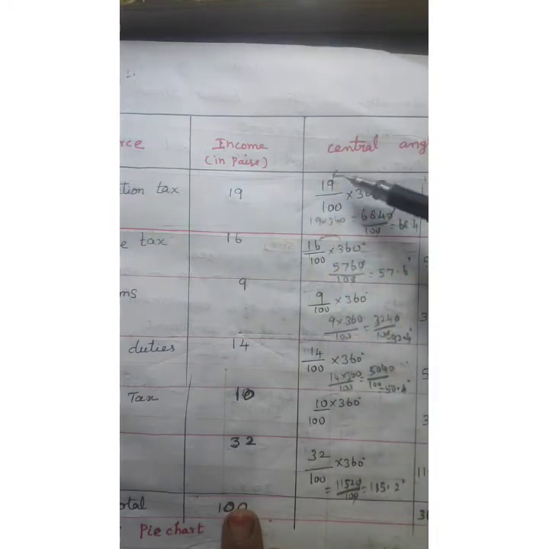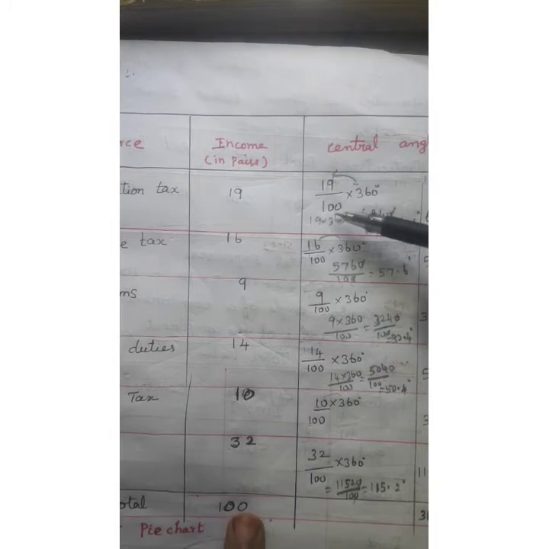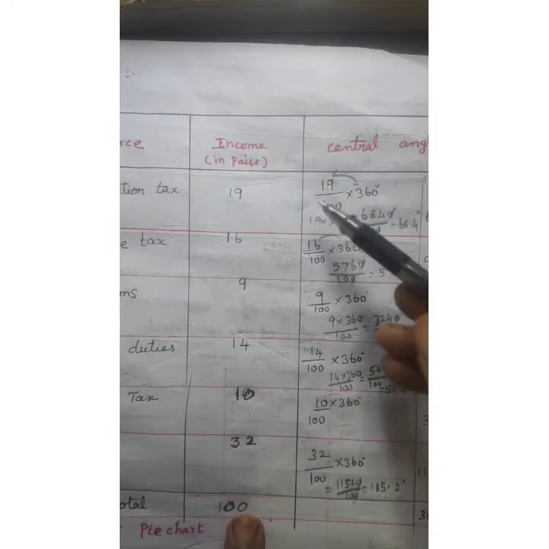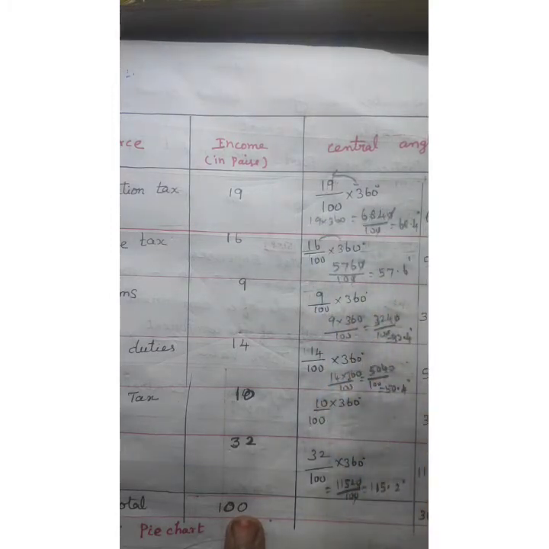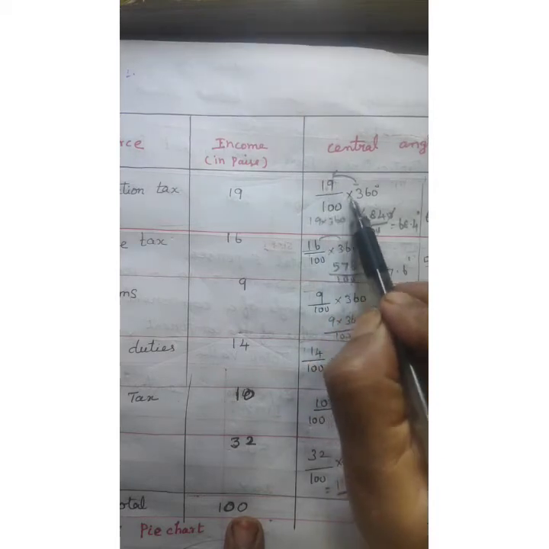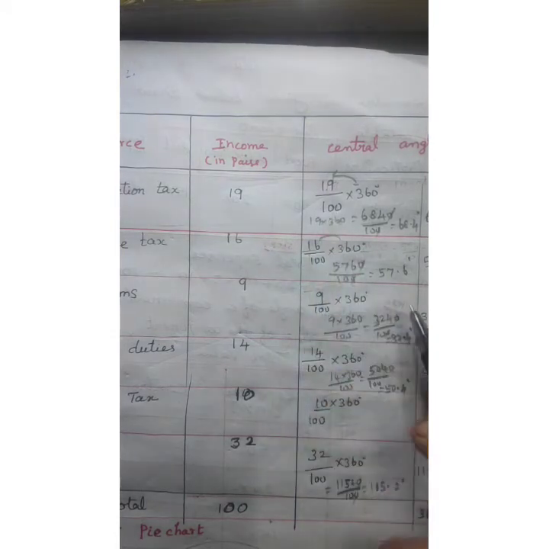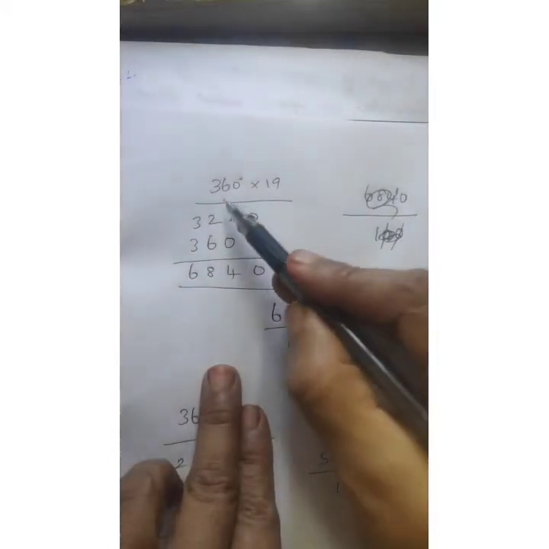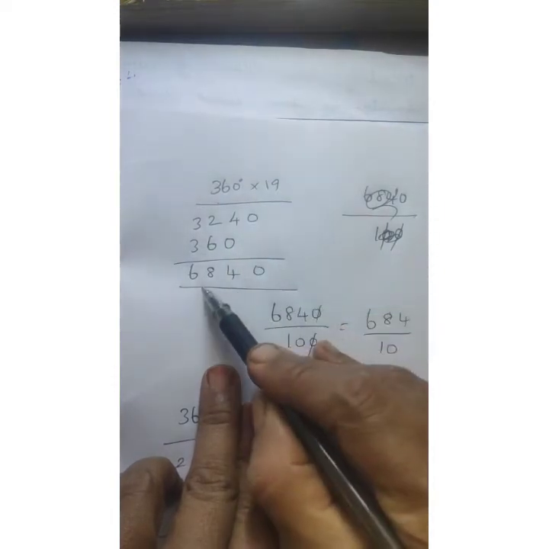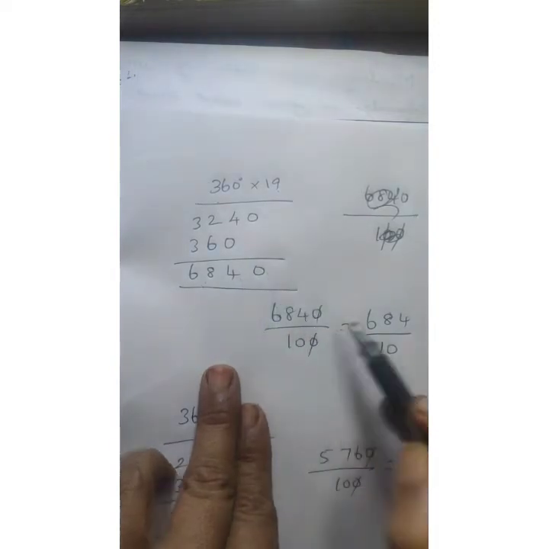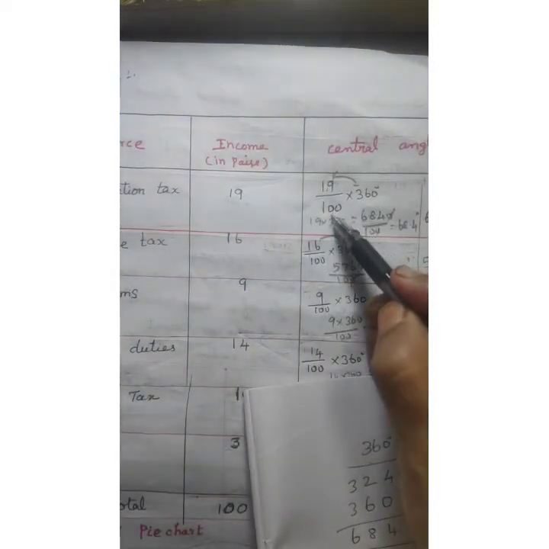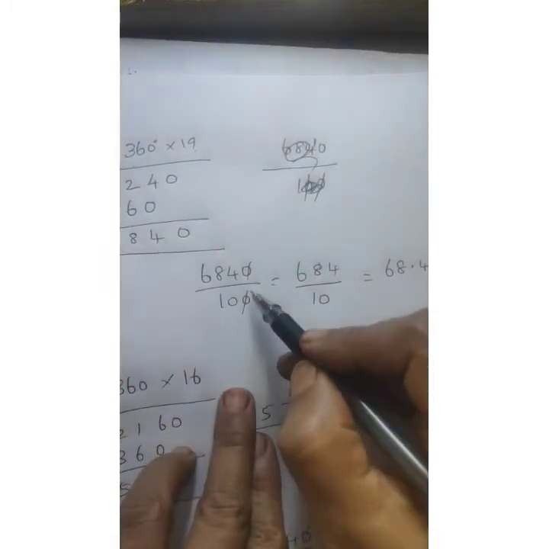Central angle for the value of the component: 19 by 100. 19 divided by the total, 100 by 100, into 360 degrees. Here no number can be struck out, so the easy method is to multiply 19 into 360 degrees and then do the work. 36 into 19 gives 6840, divided by 100.